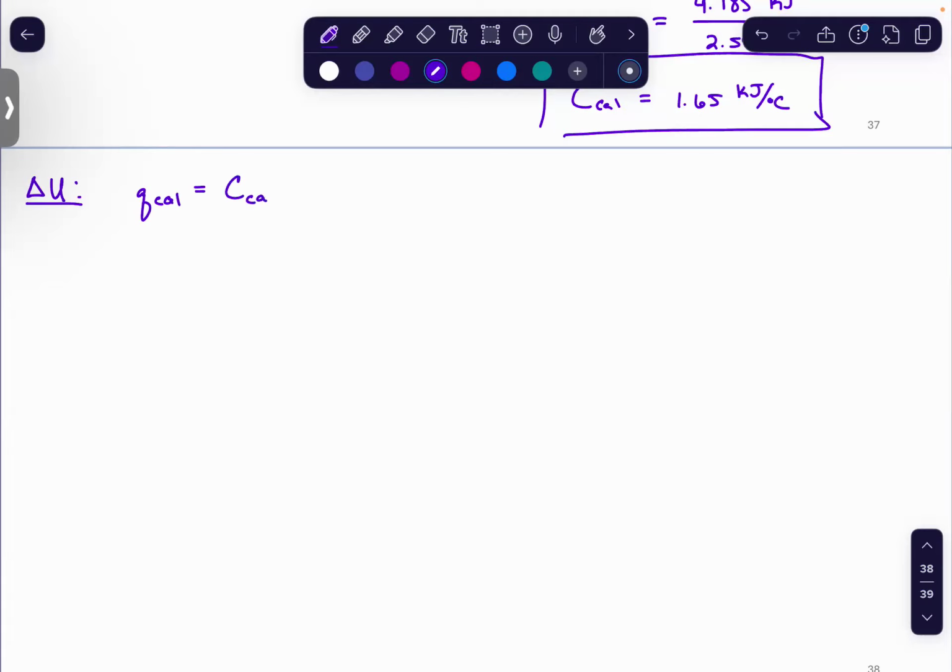There's our heat capacity, delta T. So the heat capacity we just found times the 3.25 degrees Celsius from the vanillin combustion. That means the heat energy given to the calorimeter is 5.36 kilojoules.